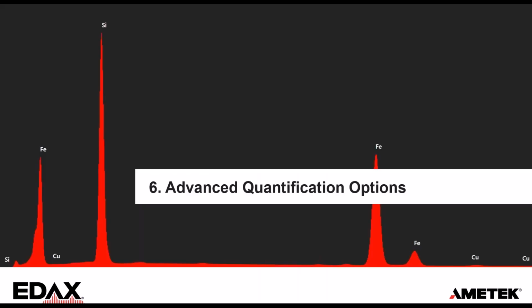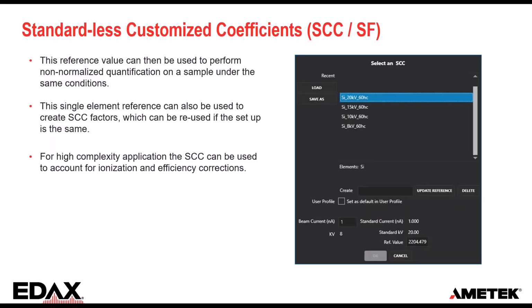So I want to go into advanced quantification options a little bit. We have seen the standardless customized coefficients previously when we did the standardless non-normalized quantification. Maybe you have noticed, maybe you haven't. When I applied the non-normalized quantification, I was using something called SCC.